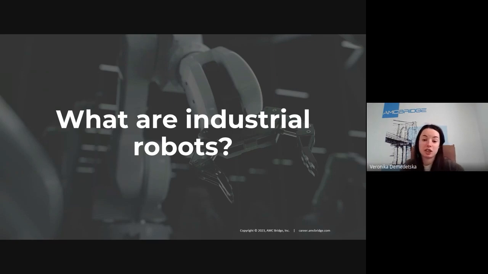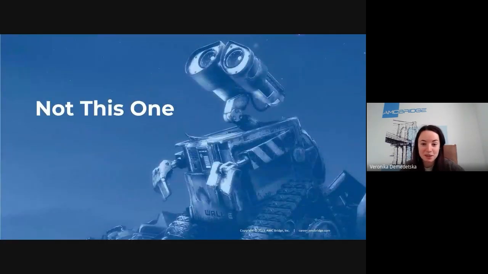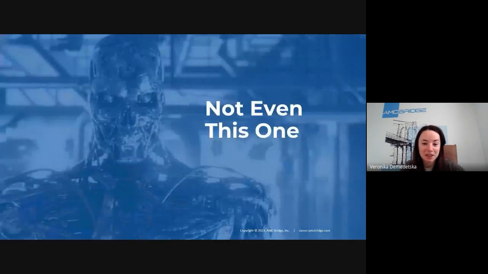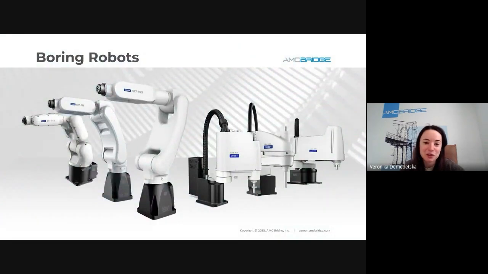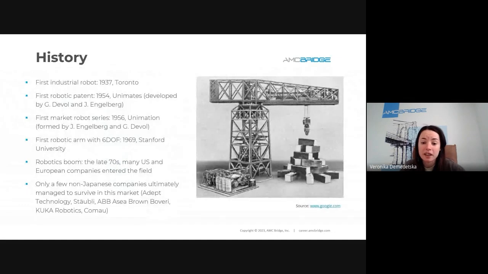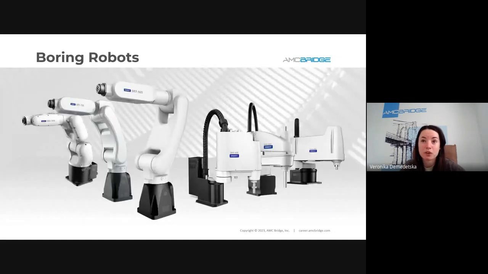And now here's a question. What do you imagine when you hear the term industrial robots? Maybe you think about something like this, or maybe like this, but I must disappoint you. We're going to talk about some boring industrial robots that are normally employed and can be seen in different factories or warehouses, where they can help to replace the human or help the human to perform work where we need the highest accuracy.